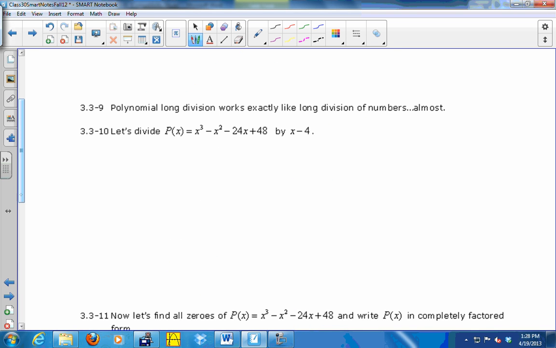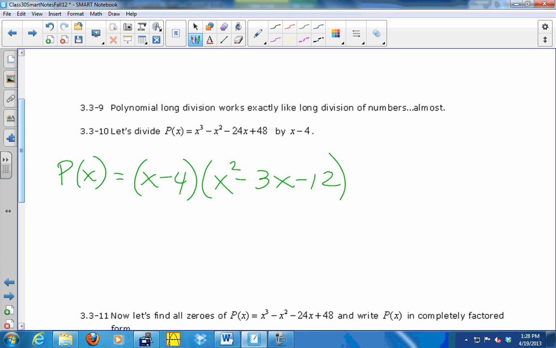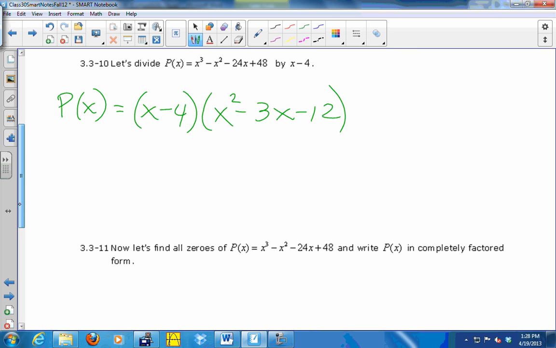So we get p of x, we now can write as x minus 4 times x squared plus 3x minus 12. And x squared plus 3x minus 12 is a quadratic. I can factor a quadratic.